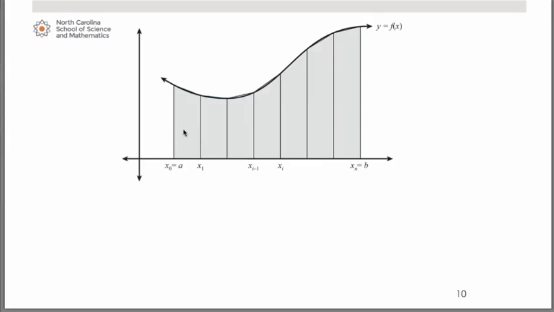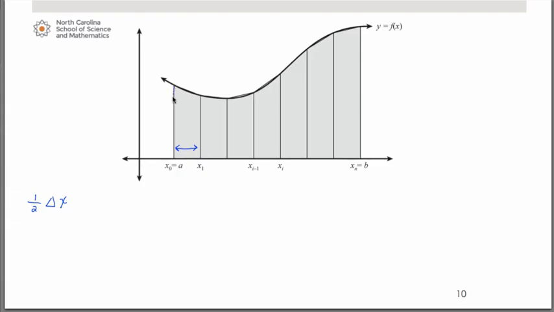For this first trapezoid, we would have 1/2 the height. Now remember, the height of the trapezoid is this horizontal distance, which we referred to as delta x. It's b minus a all divided by n. We're just going to refer to it as delta x here for simplicity's sake. Now we need to multiply by the sum of the bases.